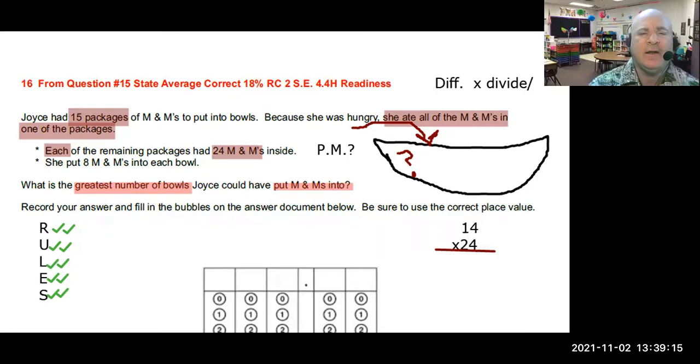And the very next portion, which I want to make sure we read so we can know the next step before we even do it, we're going to be putting 8 M&Ms into each bowl. Okay. Now, even though each is still in the problem, what we were realizing, when you're separating items, you're dividing them.